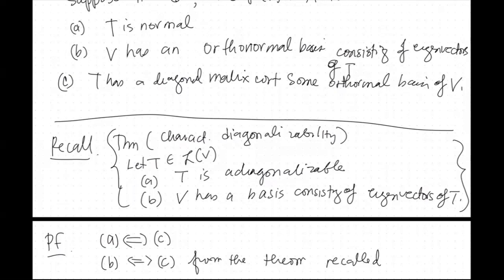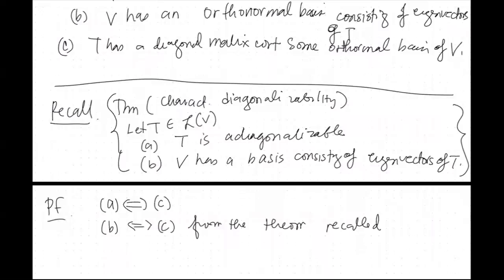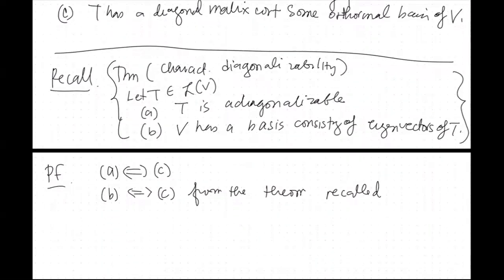Being diagonalizable, we can write it as a diagonal matrix. Then we have a basis consisting of eigenvectors of T, so this follows from the recalled theorem.